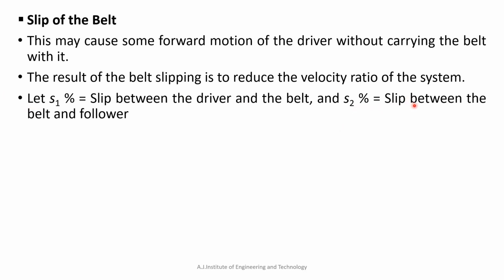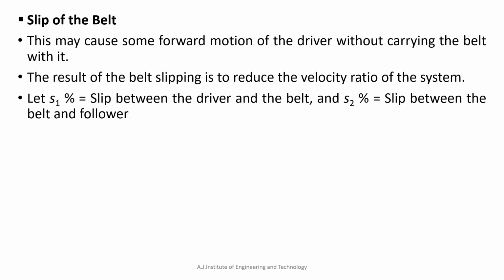S2 percentage is the slip between the belt and the follower, that is, the belt and the driven pulley. Power transmission takes place from the driver pulley to the belt, then from the belt to the driven pulley. So S1 percentage is the slip between the driver and the belt, and S2 is the slip between the belt and the follower.